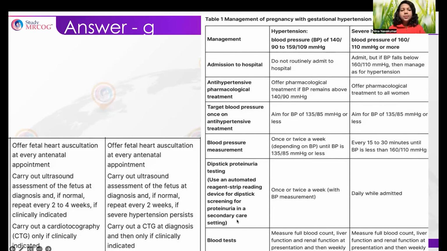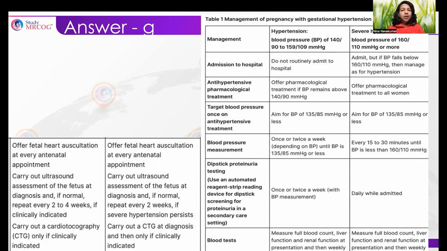What about the fetal assessment? Fetal heart auscultation has to be done at every antenatal appointment. And the ultrasound, yes, we can do it at the time of diagnosis. And if it is normal, then we need to repeat it every 2 to 4 weeks or earlier if it is clinically indicated. What about the CTG?